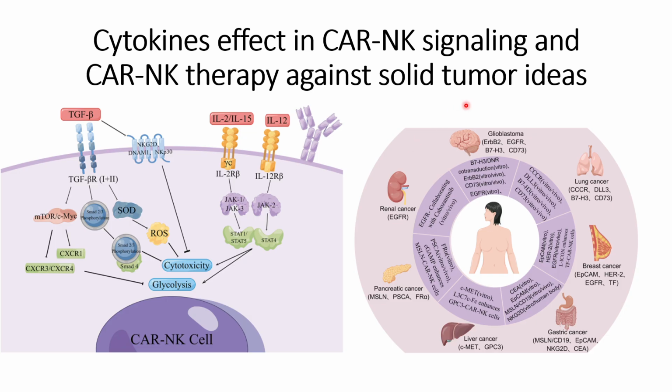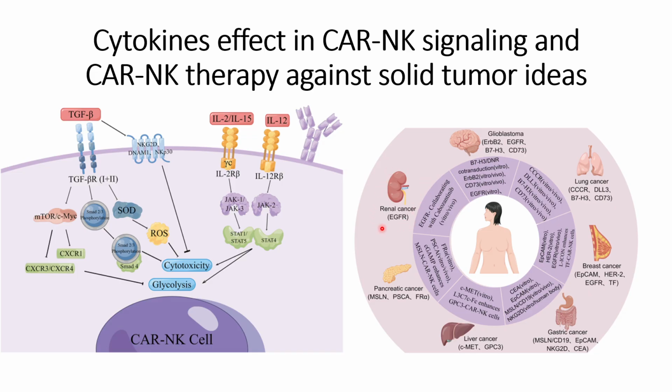And now we will discuss the figure on the right-hand side, where some of the targets for different solid tumors are mentioned, and the research has been going on those targets. We will start with renal cancer.